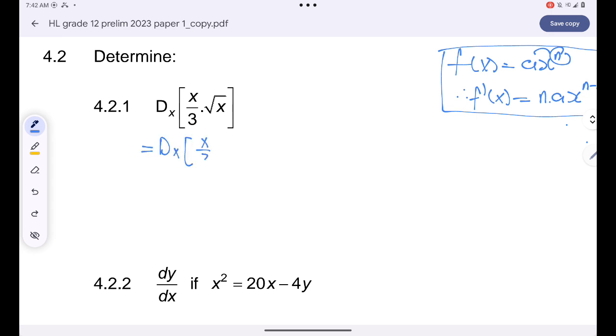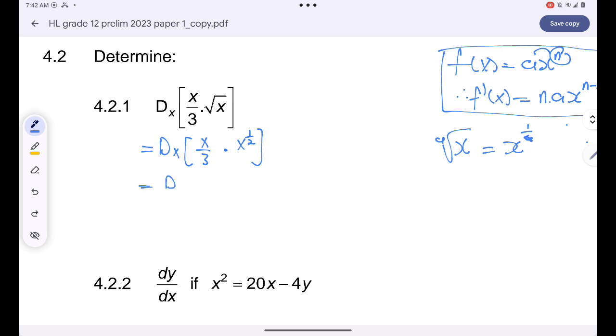I'll still have x over 3 multiplied by x to the power 1 over 2. Remember, there's a rule, guys, in exponents that simply says a root of a number is always the denominator of its exponent, so that's basically 1 over a. Are you together?